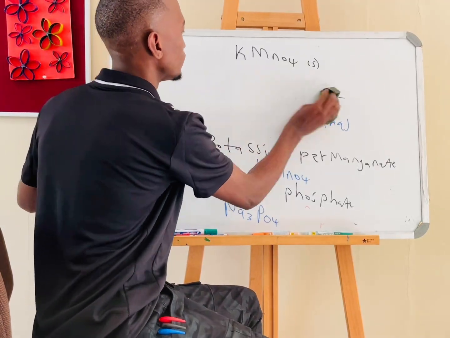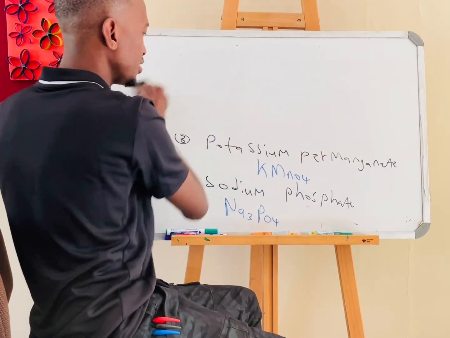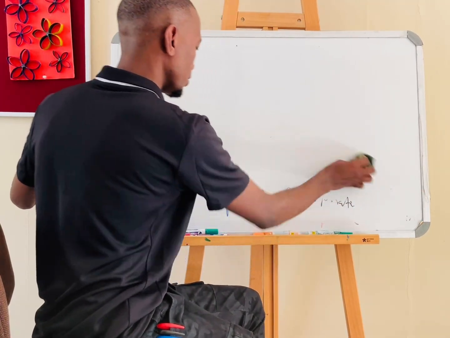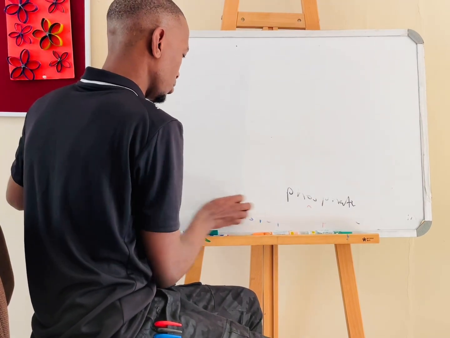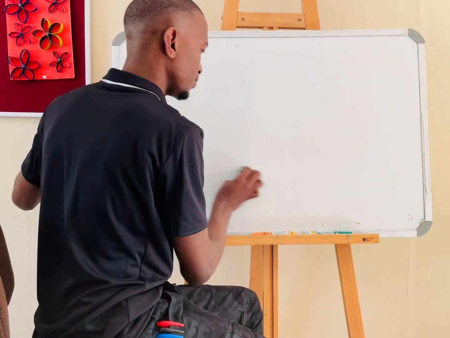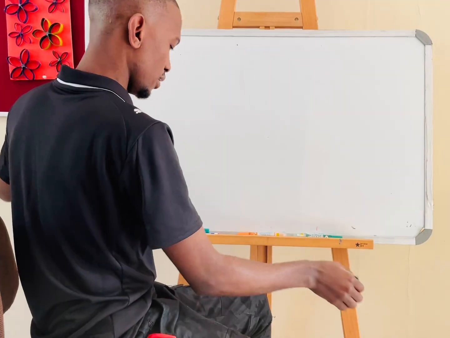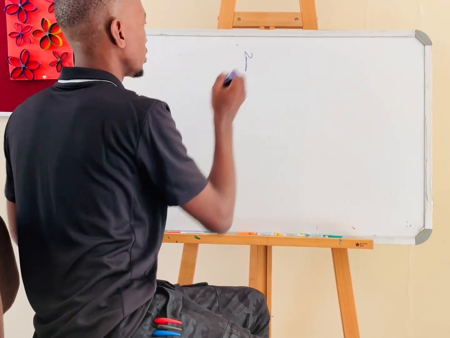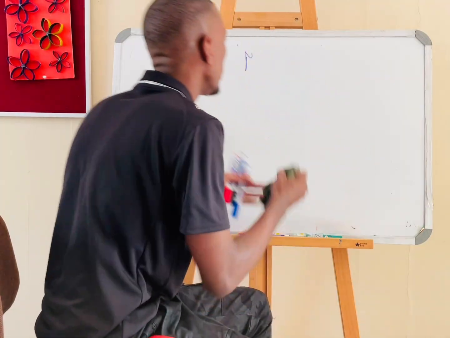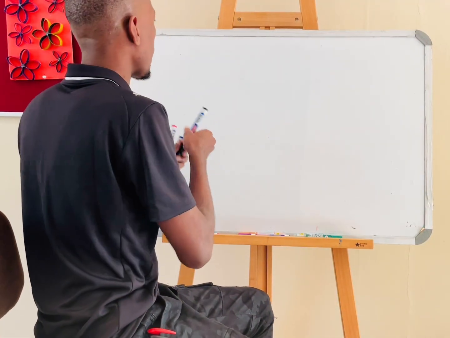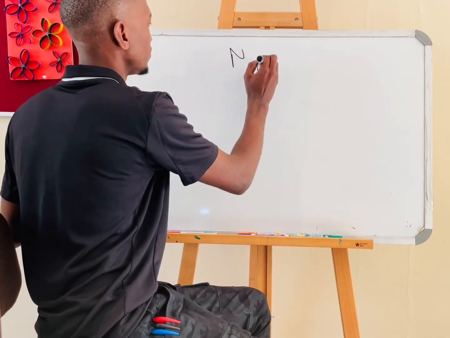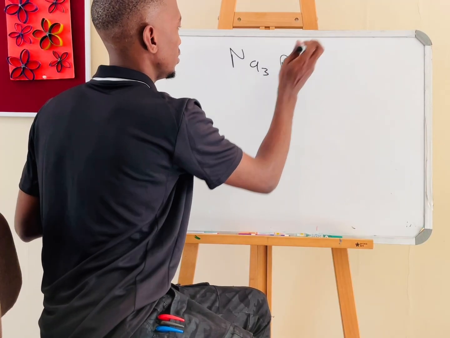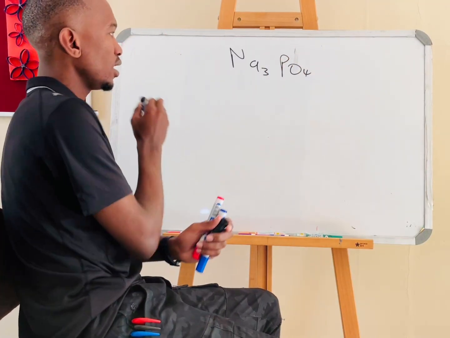We move on. All right, then the last one is going to be your sodium phosphate. I'm going to do it nicely with you, don't worry. The marker is not really that strong, I cannot use it. So I have this one, right?